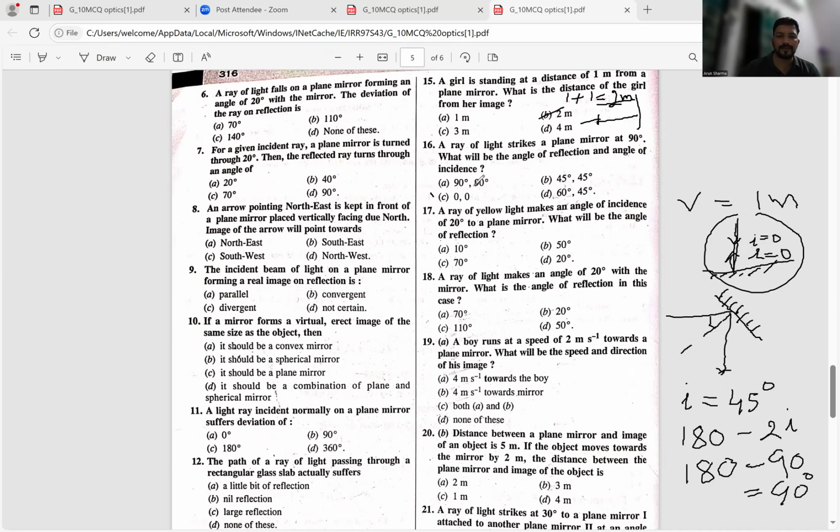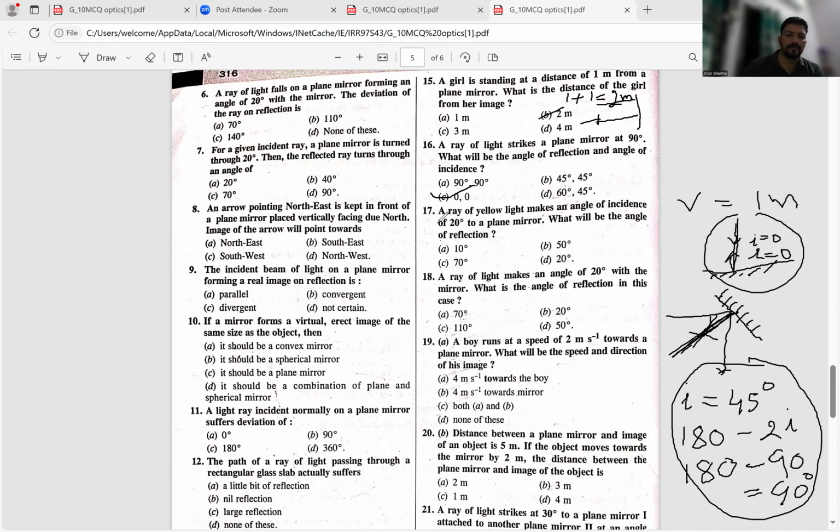But this part is your confusion because the mirror can be struck. This is a normal. If the incident ray strikes on it, then it reflects with the same angle or it retraces its path.